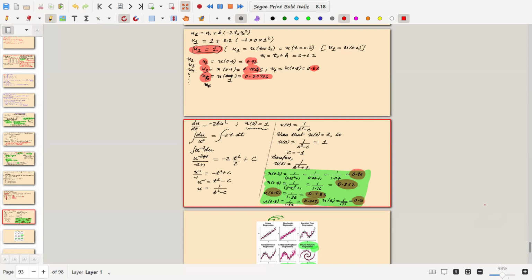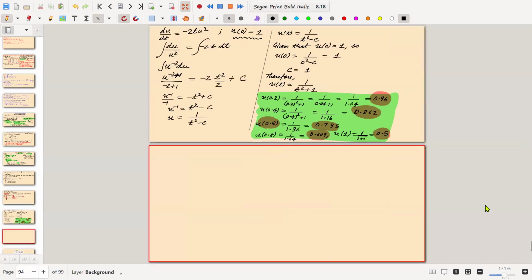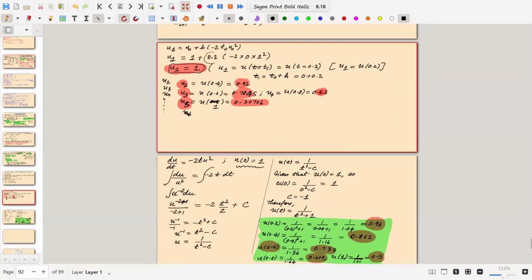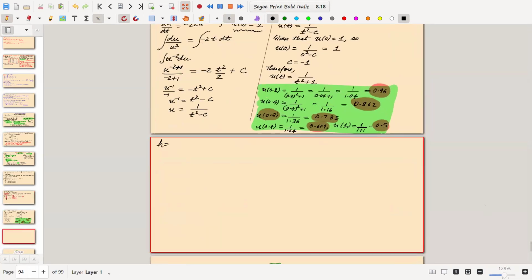This is the Euler method. Your assignment for the next class: h is taken as 0.2, which is very big actually. So take h equal to 0.01. Then it will be a lot of steps, 100 steps to reach 1, so you have to do 100 calculations.